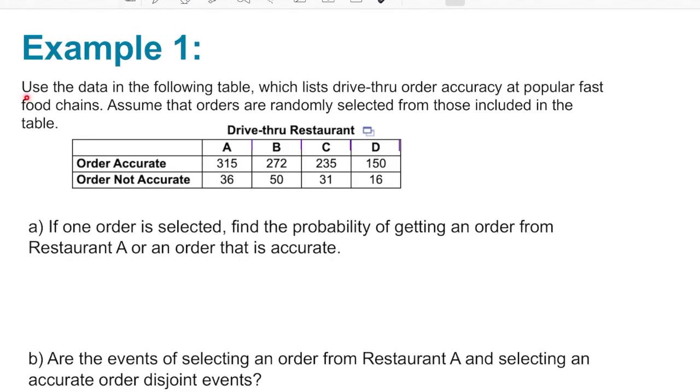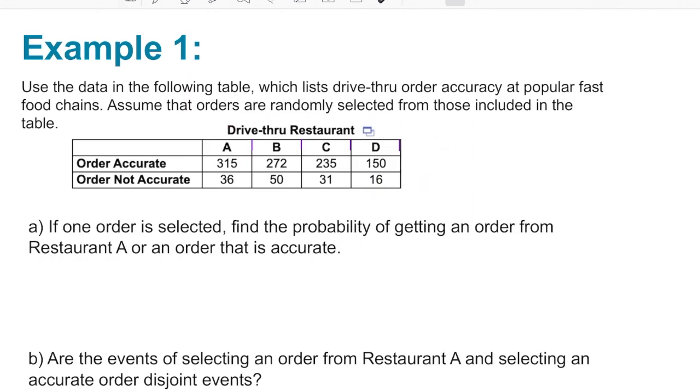Example 1. Use the data in the following table, which lists drive-through order accuracy at popular fast food chains. Assume that orders are randomly selected from those included in the table.